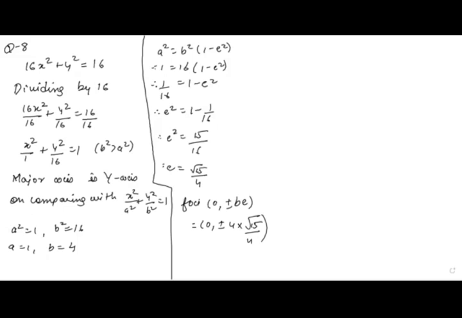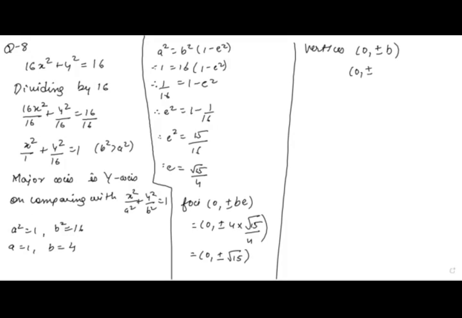So this 4 will get cancelled out, and my foci is 0 comma plus minus root 15. And vertices again, it is 0 comma plus minus b. The value of b is 4. So vertices is 0 comma plus minus 4.